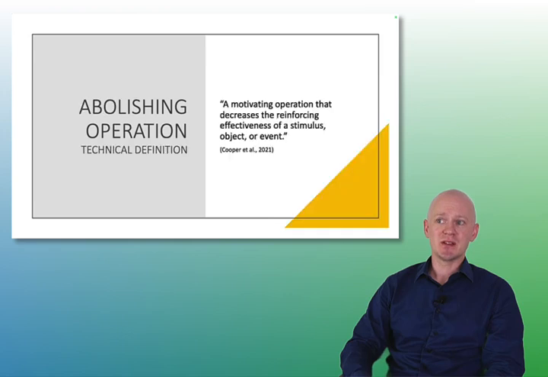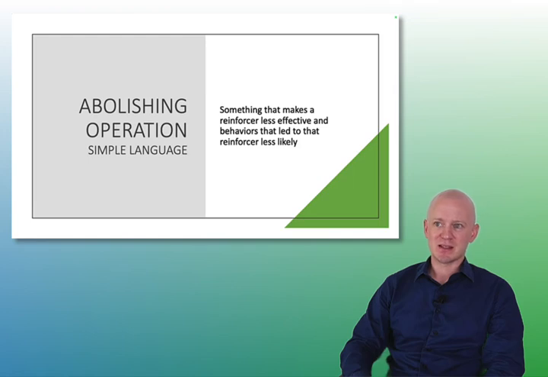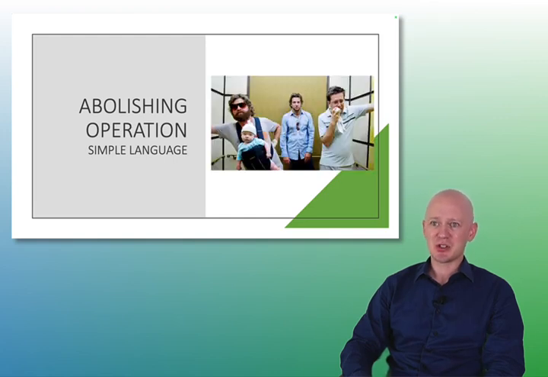Establishing operations differ from abolishing operations. Abolishing operations are motivating operations that decrease the reinforcing effectiveness of some stimulus, object, or event. If we break that down into simple language, it's something that makes a reinforcer less effective and behaviors that have led to the reinforcer less likely. So to stick with my wine example, if you drink a little bit too much wine, it might function as an abolishing operation.